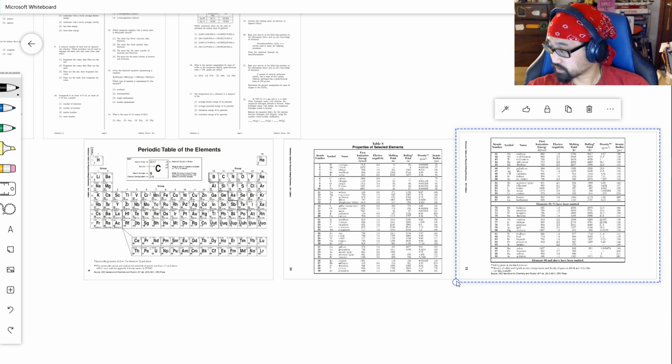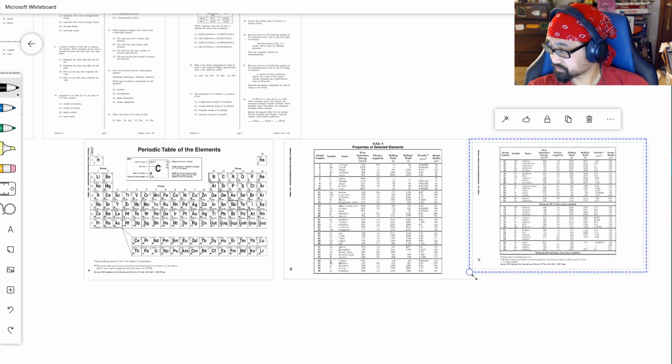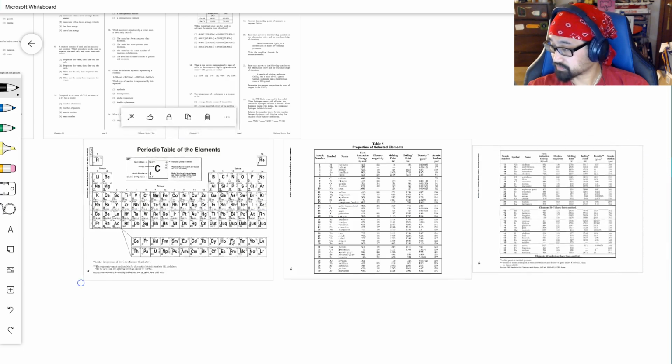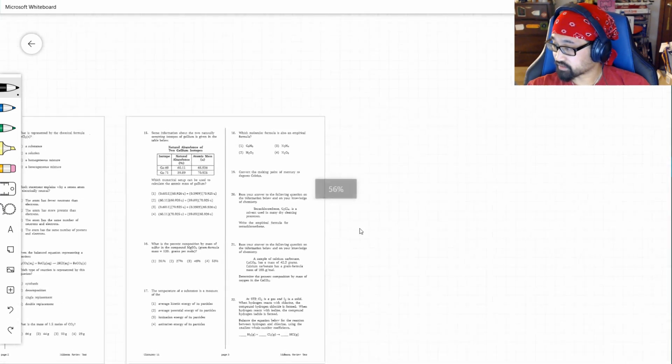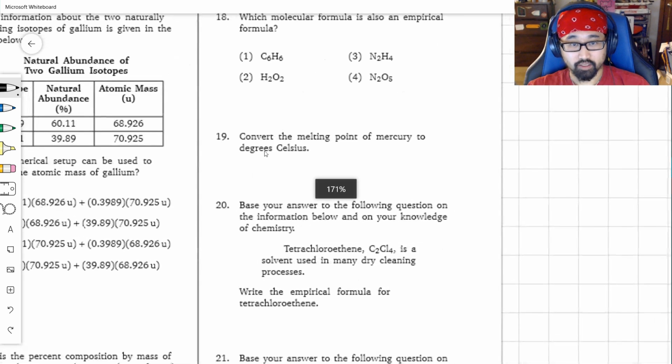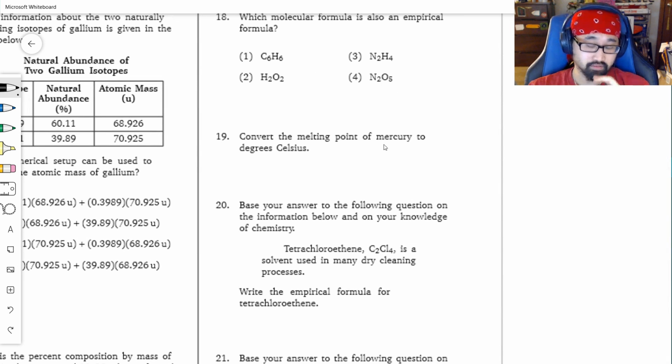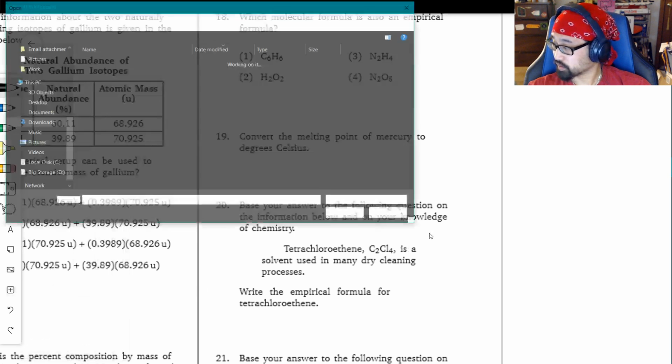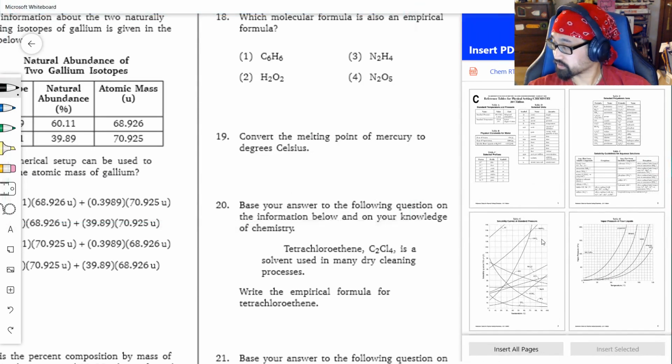And the reason we're looking at this is because in number 19, I ask you about the melting point of mercury in degrees Celsius. All right, now that I think about it, there's one more page from the reference table that would be useful.